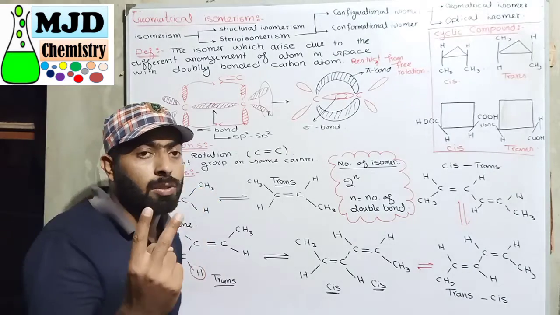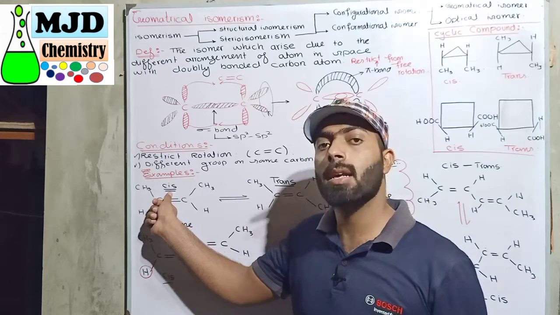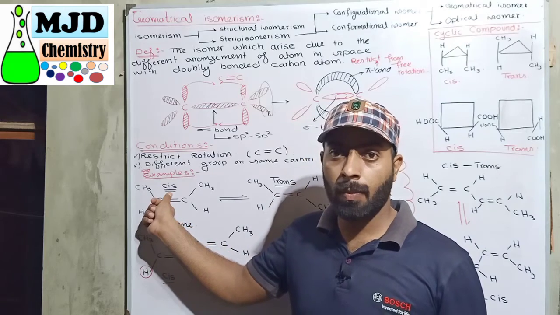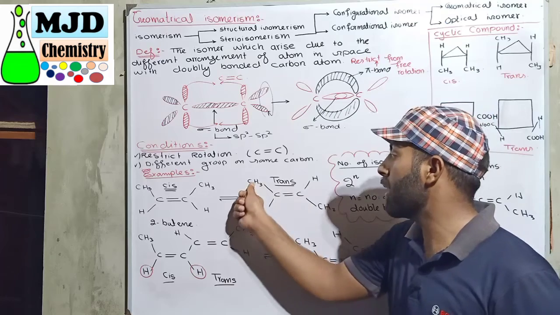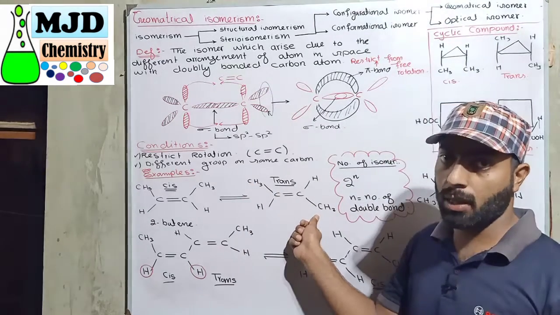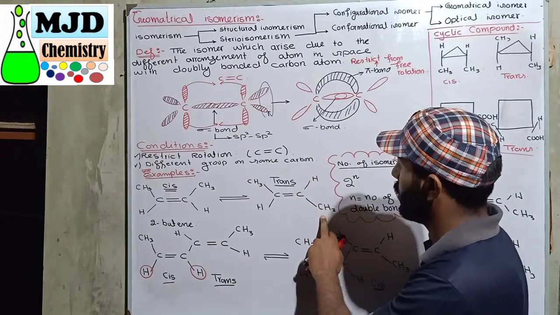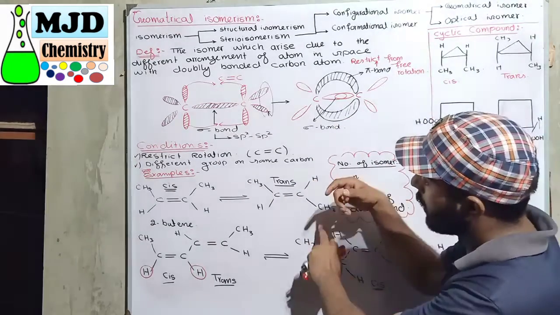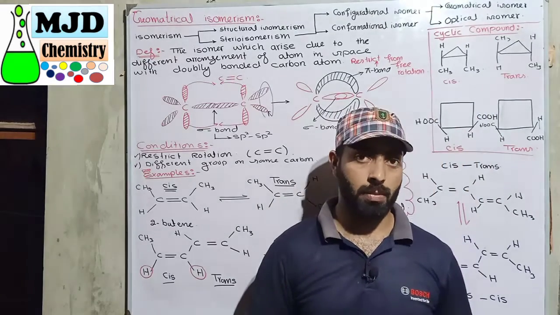If two same functional groups are present on the same side, then we say it is a cis isomer. And if the same functional groups are present on opposite sides, here the CH3 group is above and here the CH3 group is below, in this condition we say that this is a trans isomer.